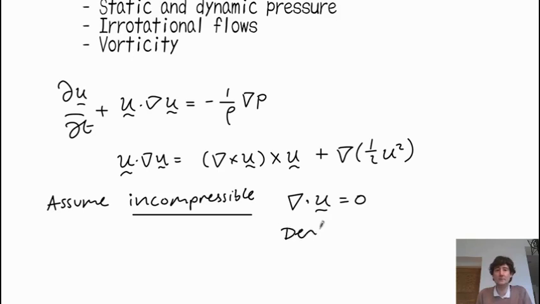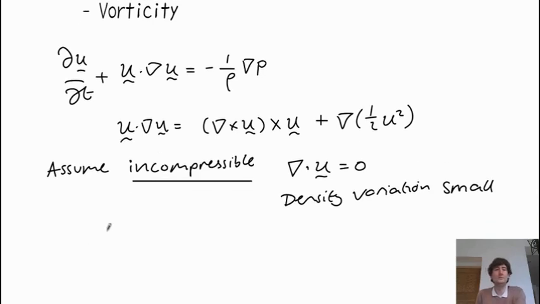And this allows us to move density through the gradient into the pressure term here. So this density can now move through here. So this allows us to group this term, the gradient of u squared, with this term here. And so we can write down that we have du by dt plus this term here from the advection term.